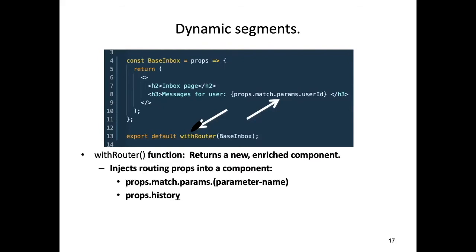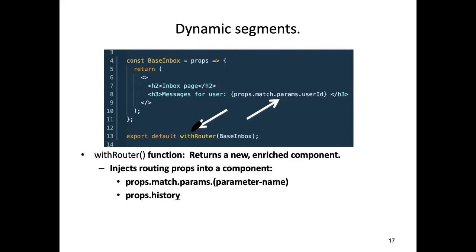This withRouter function is classified as a higher order component function. Higher order component functions are a technique that we use quite a lot, or certainly it's used by a lot of third-party libraries, the React router, and the React framework itself.